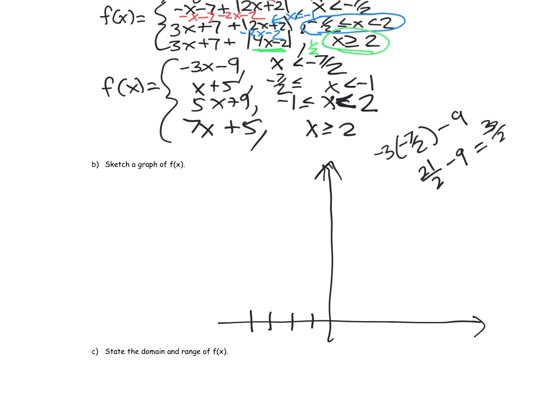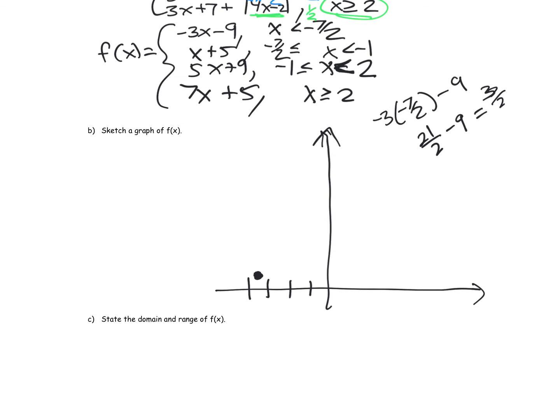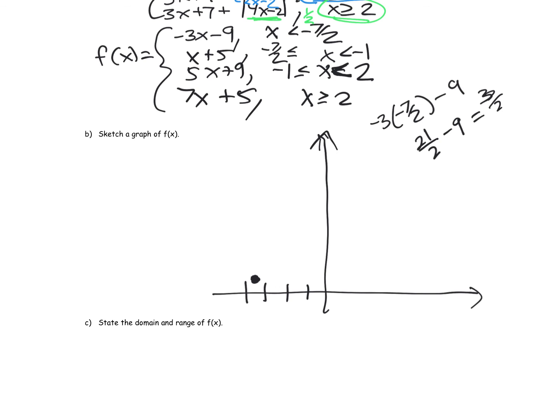So negative 7/2 will result in a y value of 3 halves, or 1.5. And let's plug in one more value. If I plugged in something like negative 4, I will get 12 minus 9. And so it's going to look something like this.